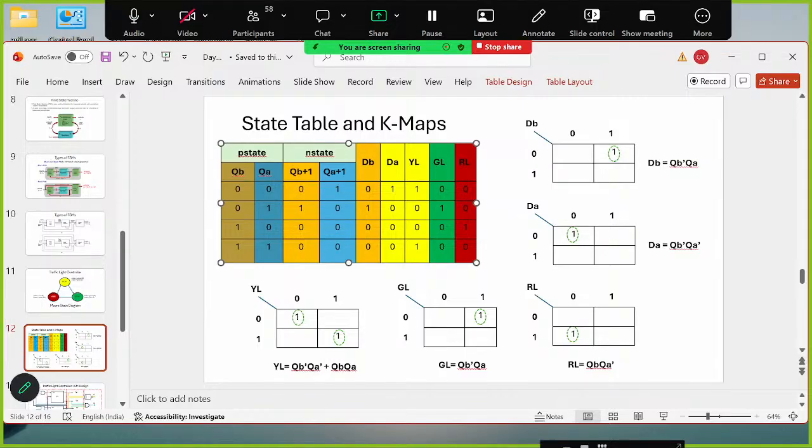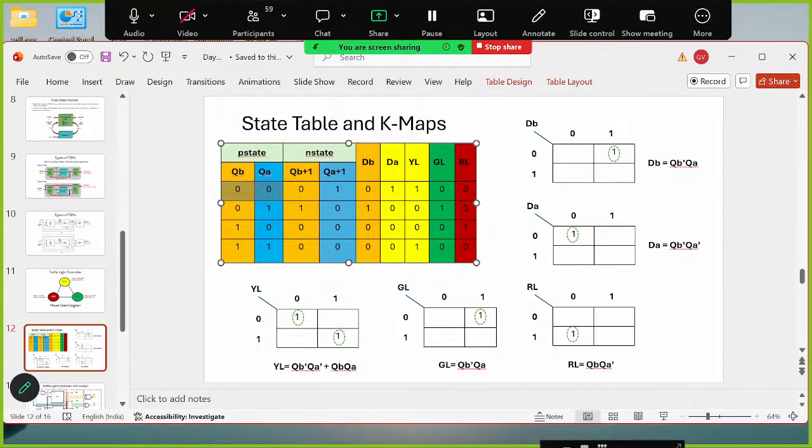So if you watch closely, I have created a two-variable K-map which is representing DB input, and for this DB, QB and QA are the inputs. Okay, QB and QA are the inputs.